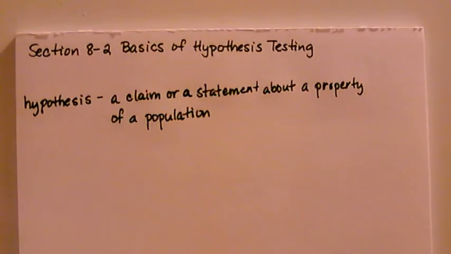And again, that could be the population mean or the population proportion or the population standard deviation or variance. So pretty much a hypothesis is a claim or an educated guess about a property of a population.